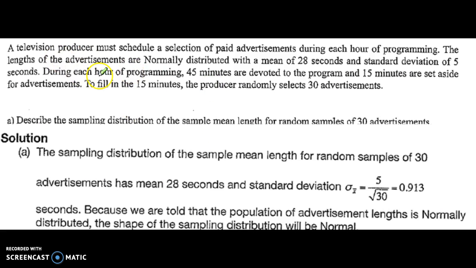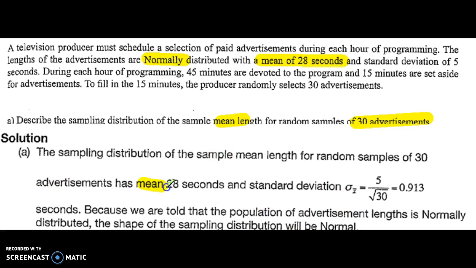The free response question is about means. So I could use the central limit theorem. My population is normal. So regardless of my sample size, my sampling distribution will be normal. They want us to describe the sampling distribution of the mean for 30 advertisements.